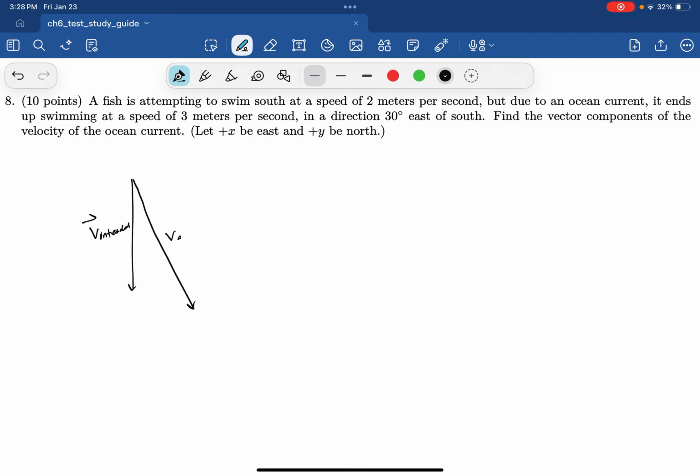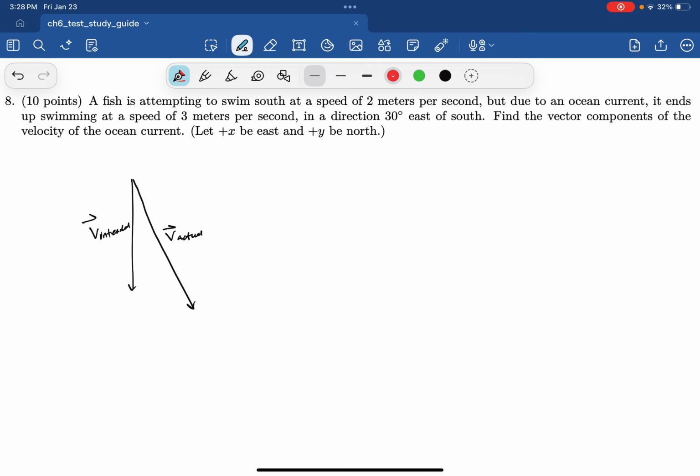This is V actual. And we're asking ourselves, what is the direction of the velocity of the ocean current?